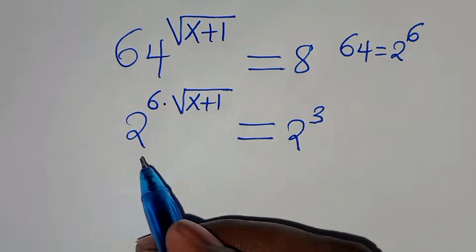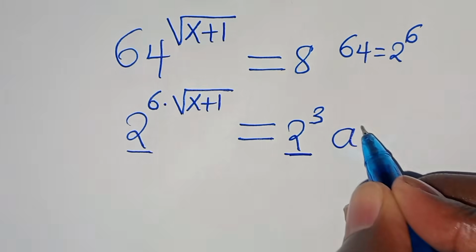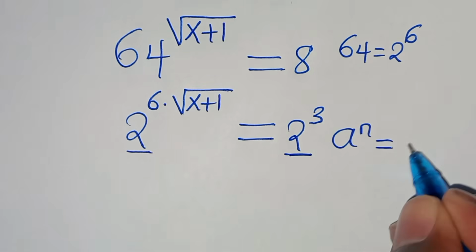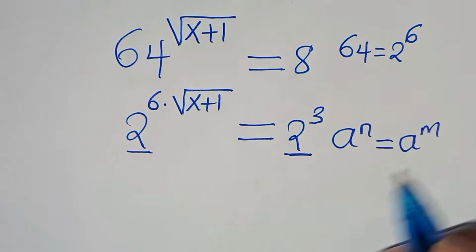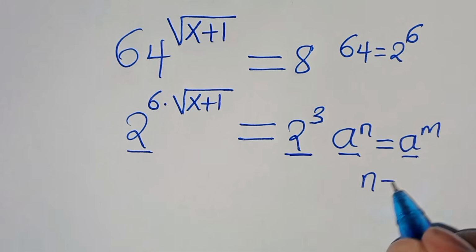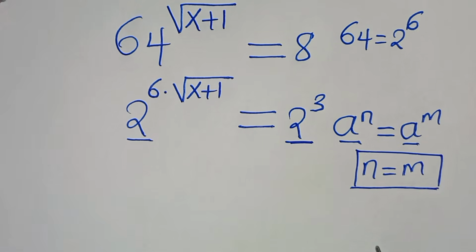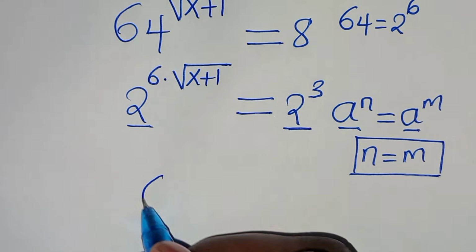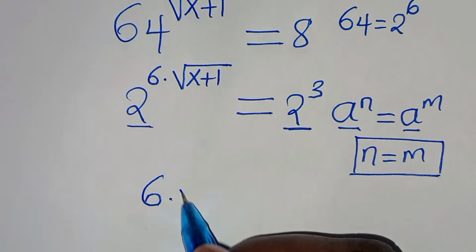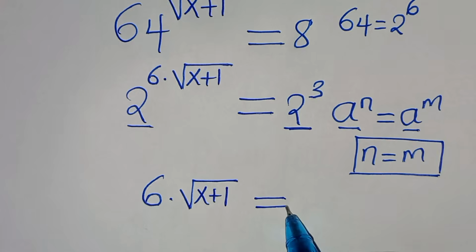Now, since the bases are common, that is a to the power of n is equal to a to the power of m, since the bases are common, exponent n should be equal to m. Let's apply this property so that now we have 6 multiplied by square root of x plus 1. This is equal to 3.